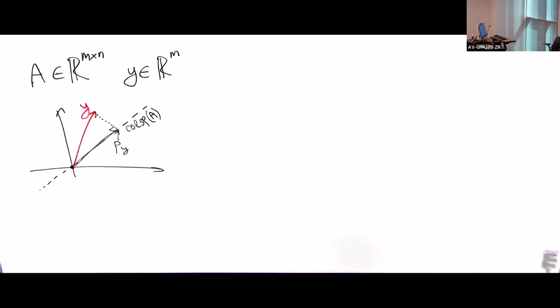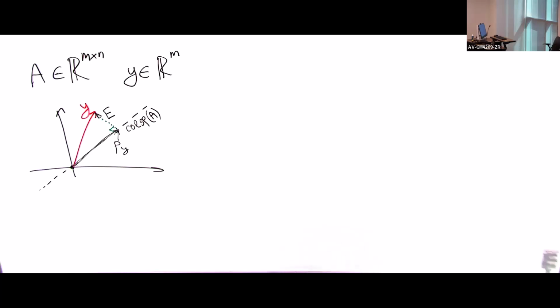Okay. So I want, and obviously not every vector will be sitting on that line, right? So you will have some sort of error here. Let's call it E. This vector will be the error vector. The difference between real y and its representation in that particular subspace. They are different in most cases, unless this vector is already in that subspace. Not every vector you will be able to represent as a sum of columns of A, right?